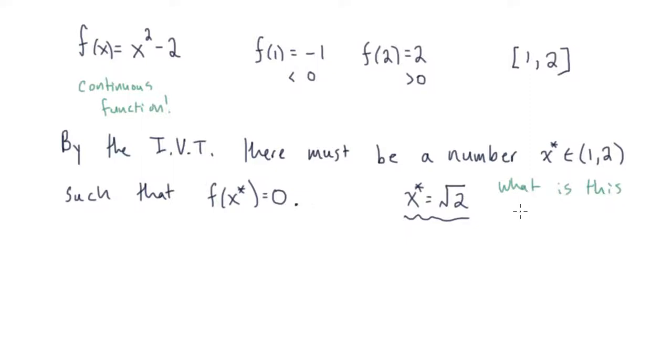What is this number, so to speak? And that's exactly what we're going to do right here. We're going to figure out a way to use the derivative of f to actually figure out with pretty good accuracy what the square root of 2 is.